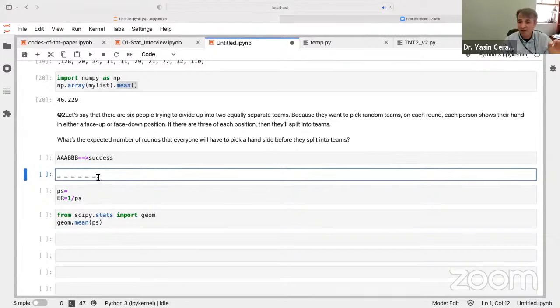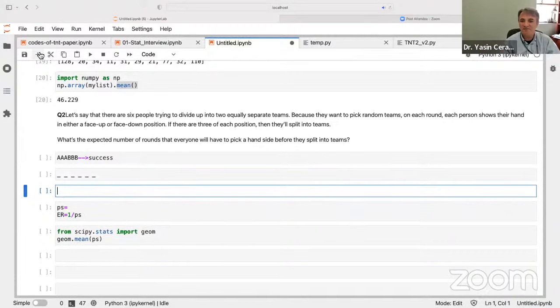That will give me the number of cases where I have 3 A's and of course 3 B's, right? So out of the 6 positions, how many ways can I locate them? This is basically a combination problem. If I give you 6 books and 3 of them are history books, in how many different ways can I put these books on the shelf? It's in how many different ways I can have these history books located out of these 6 books.